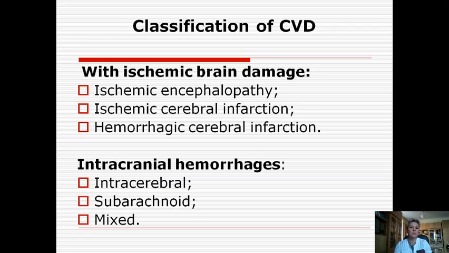And hemorrhagic cerebral infarction is secondary hemorrhage after ischemic infarction. What about intracranial hemorrhages? We see a rupture of vessels: intracerebral, subarachnoid, and mixed variant.